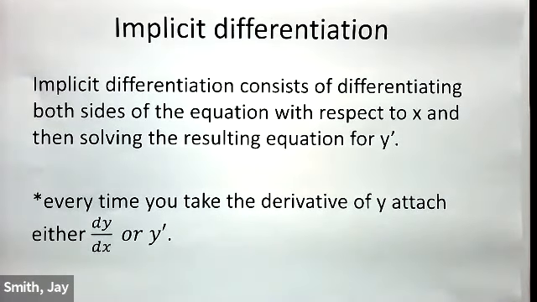So even though they don't tell us explicitly what y is in terms of x and x alone, with implicit equations, we can take the derivative with respect to x for both sides of the equation, as long as we remember the chain rule.